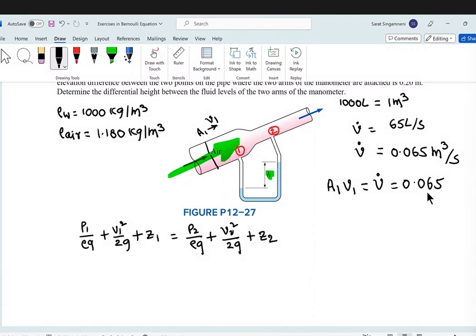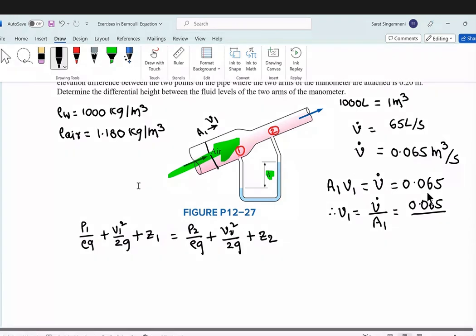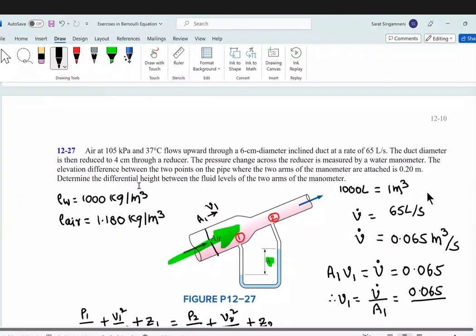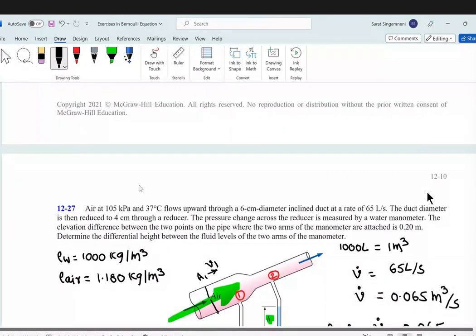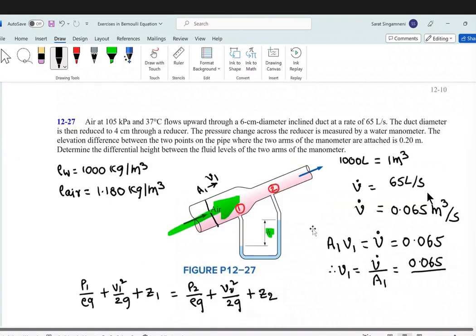From this, V1 is equal to volume rate divided by area of cross section, which is 0.065 divided by the area of cross section. He gave you, it is 6 centimeter diameter.